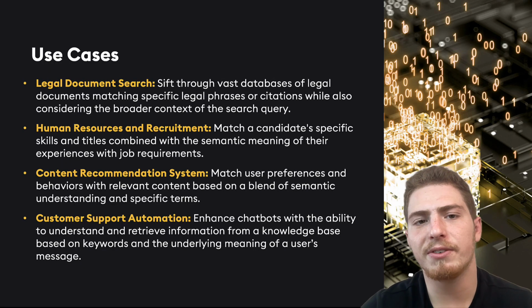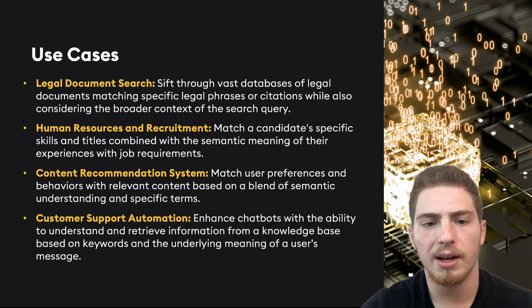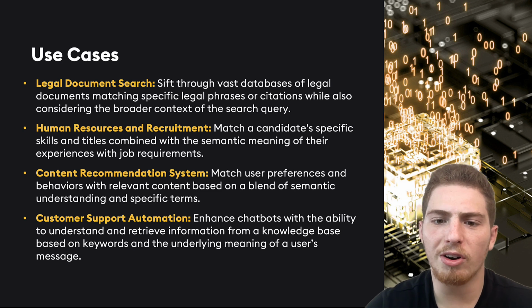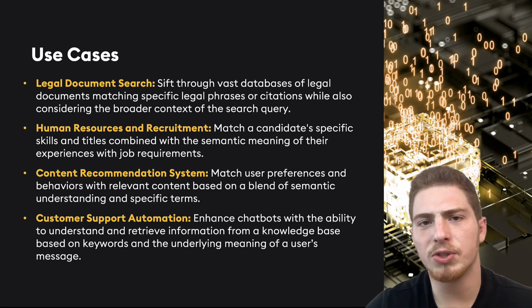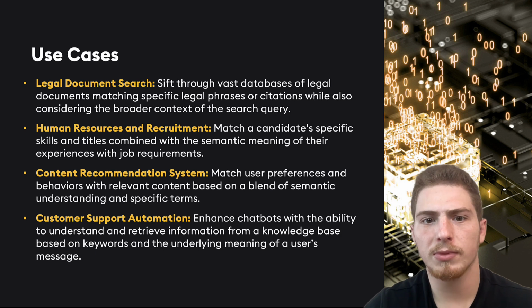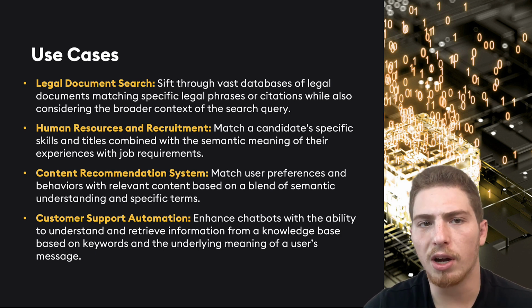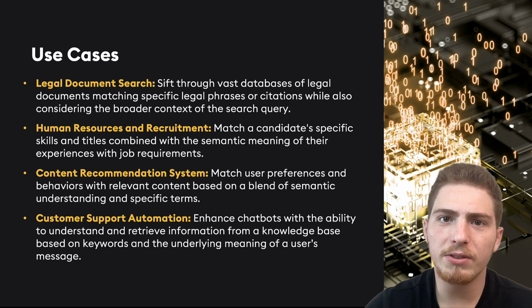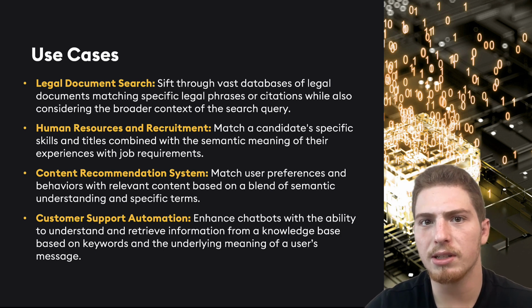There are lots of different use cases for hybrid search, and it's generally areas where our embedding model isn't really trained on this kind of data. One is legal document search. If we're searching through a vast database of legal documents, often our embedding models aren't going to understand a lot of the specific legal jargon.